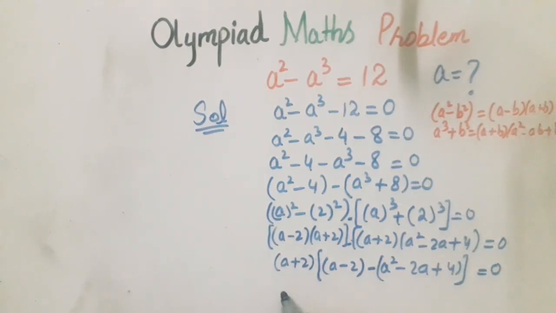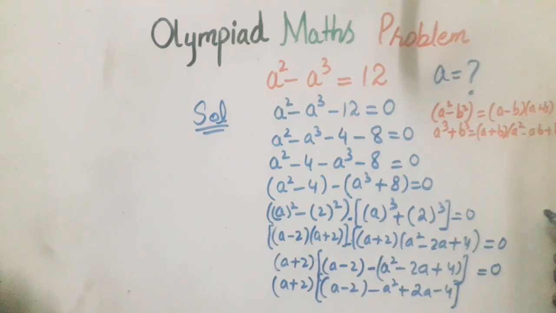Now we have a plus 2 into a minus 2, then this will be minus a square plus 2a minus 4.